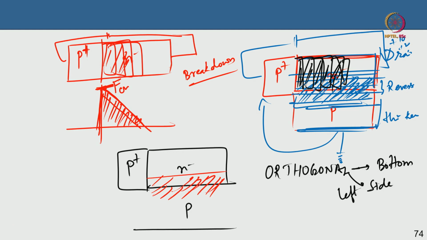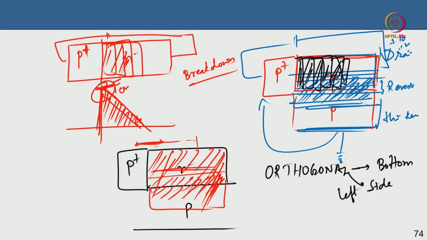The funda of RESURF here is that before this lateral junction depletion reaches the peak electric field, before this lateral junction depletes to the maximum possible, the vertical junction depletion region should deplete completely. This is entirely depleted. Of course, there is a thicker p type, so the bottom does not matter, but this entire n region is vertically depleted.